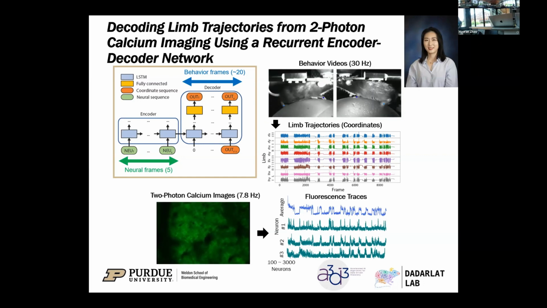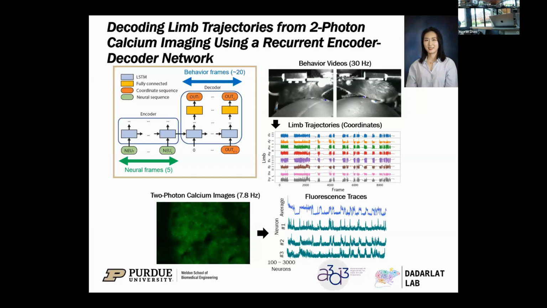So we have a separate encoder and decoder with LSTM layers, so we can set the length of the input sequence and the length of the output sequence differently. And in this case, we are expanding the shorter sequence to a longer sequence.